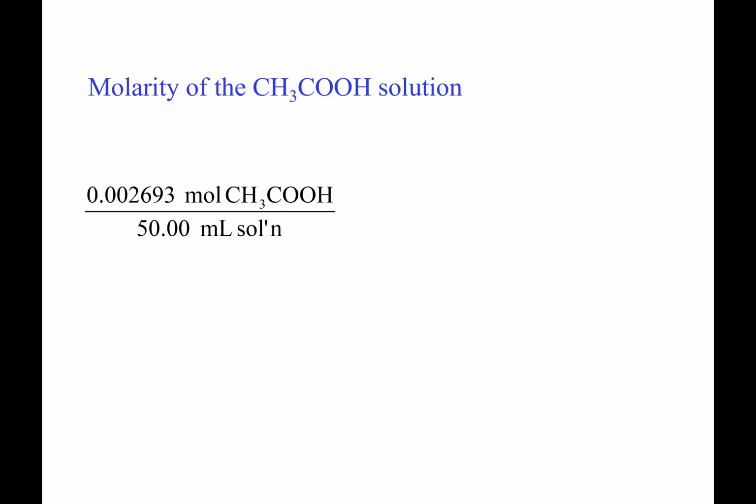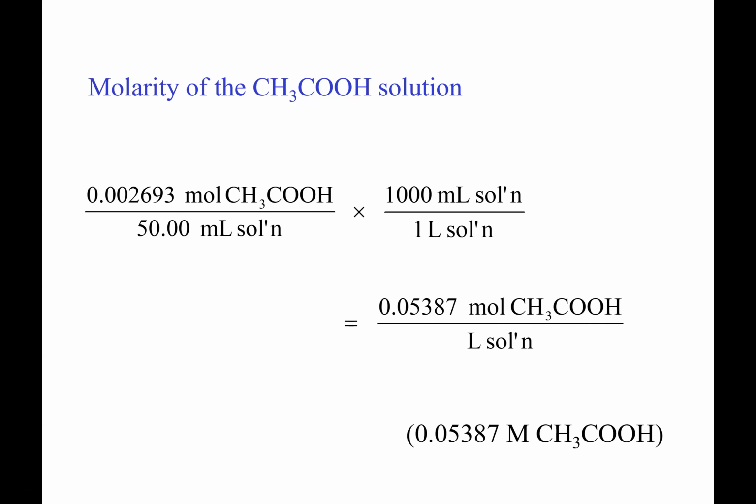But that won't give us quite molarity, so what do we got to do to clean it up? Yeah, multiply by 1,000 milliliters of solution over 1 liter of solution. That should do it. 4 sig figs. And you're looking at 0.05387 molar CH3COOH.